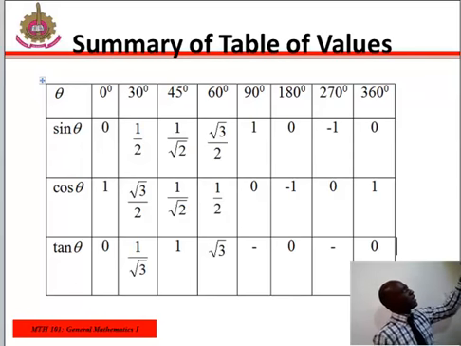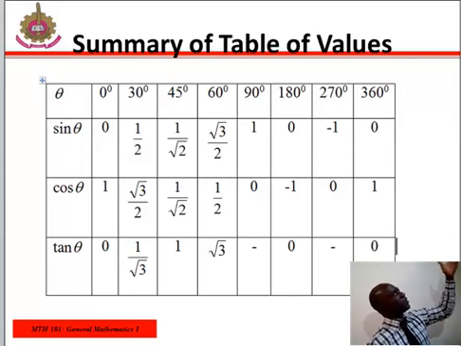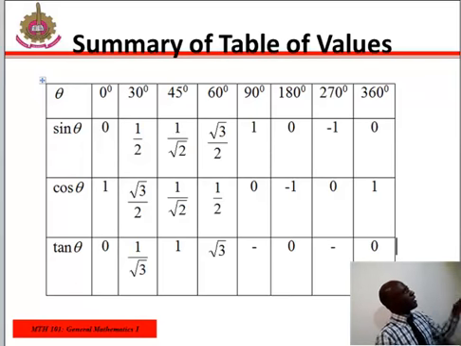We have theta ranging from 0 degrees to 360 degrees. We have sin theta, cos theta, tan theta. As sin theta equals 0 at 0 degrees, at 30 degrees we have 1/2. At 45 degrees, we have root 2/2.